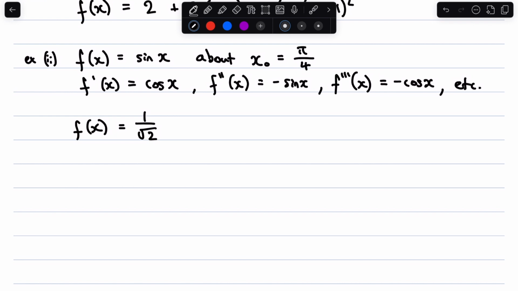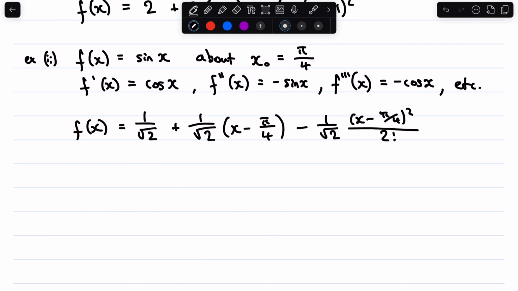And we'll have more terms, which you can see if you can add more to what I've written and try and decipher where I get these values from. So the next one will be 1 over root 2 times x minus pi over 4. And then the next one will be minus 1 over root 2 times x minus pi over 4 squared over 2 factorial.